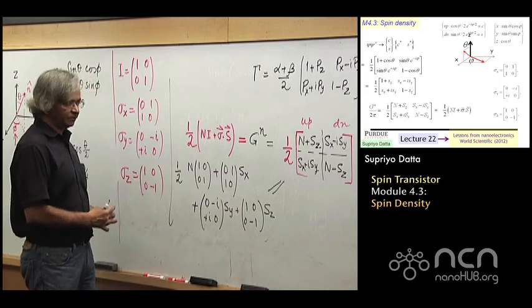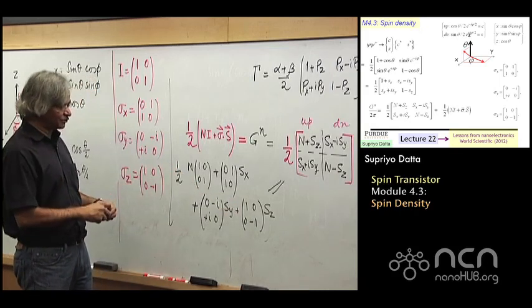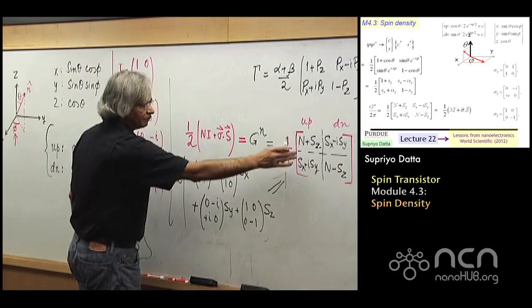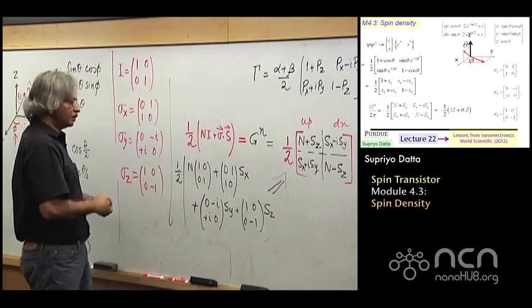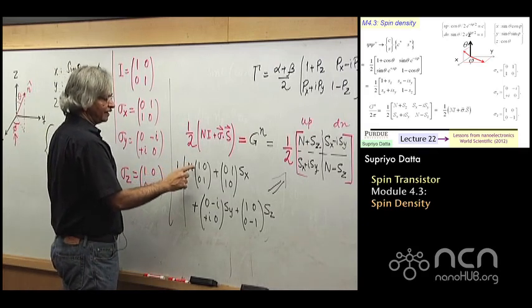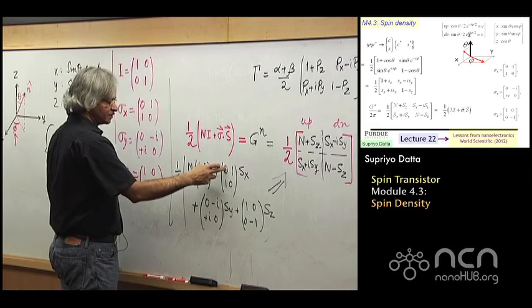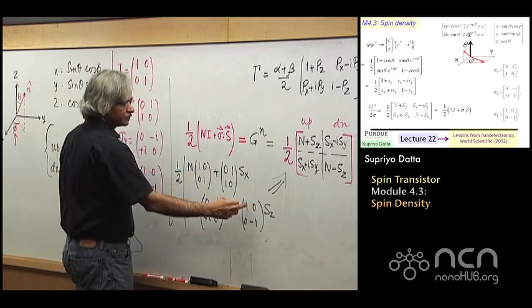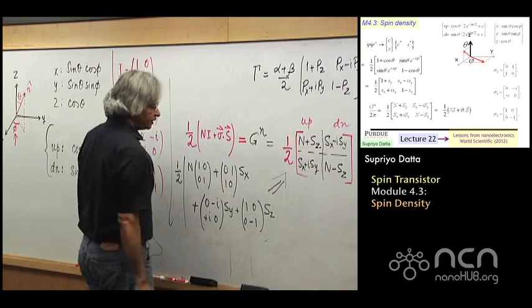And what I claim, and this just takes a little algebra to see, is that when you add these 4 matrices, you'll basically get back what I had there. So just look at the 1, 1 point. It's n times 1. That's 0, it doesn't matter. That's 0, it doesn't matter. And this is Sz. So you get n plus Sz.